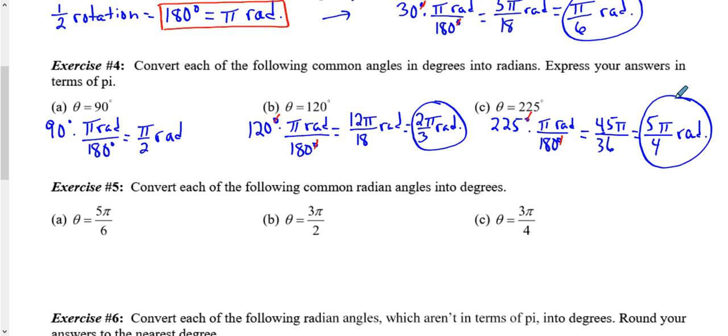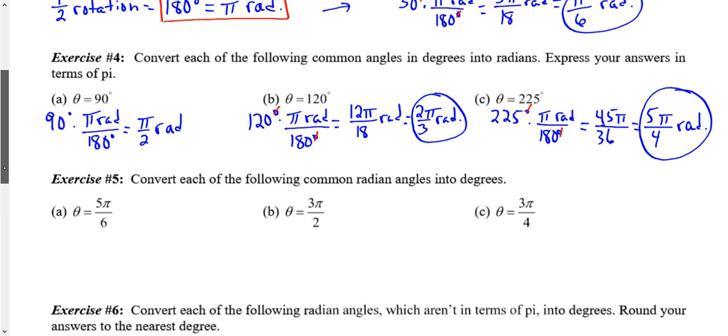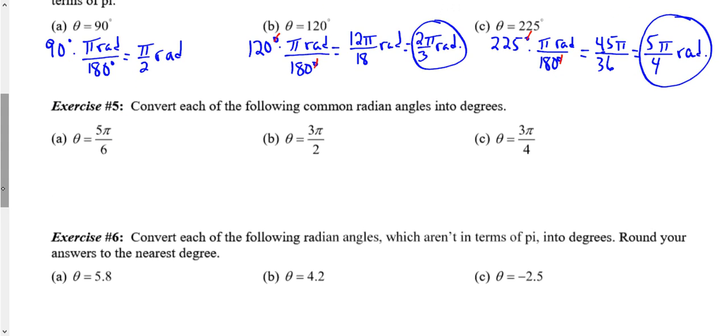All right, let's go the other way now. Now on the bottom, these are all in radians. And I wish they had put radians here, like they put the degree mark, but they don't put radians. So let's take our 5 pi over 6 radians, and we're going to multiply it by what? Because we want radians to cancel.